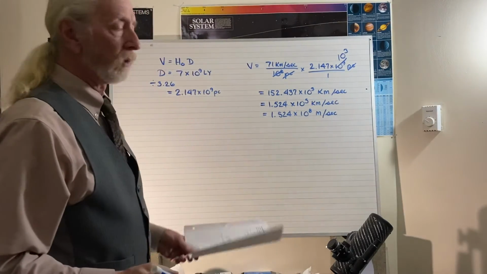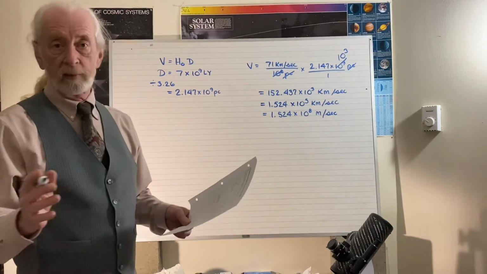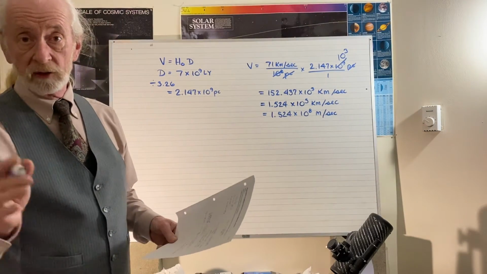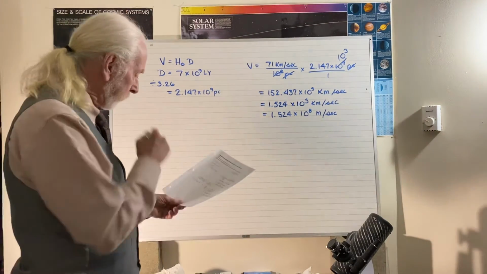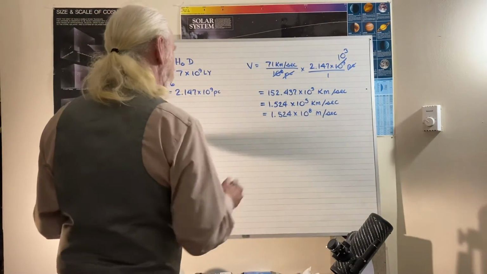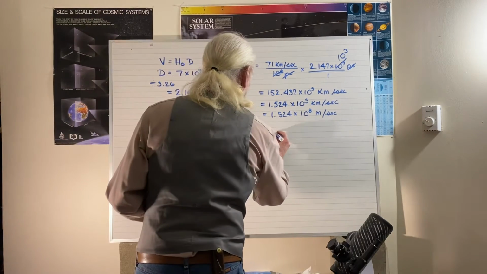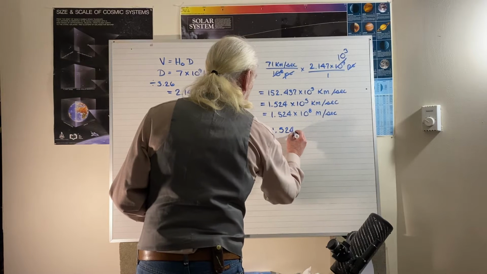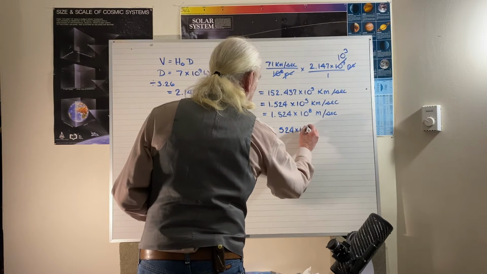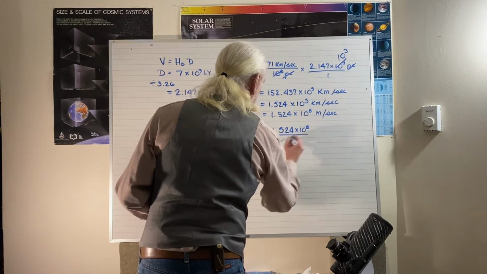Now that number should ring a bell. Remember, speed of light, 3.0 times 10 to the 8th meters per second. So that's a fraction of the speed of light. So let's figure what that is. We're going to take 1.524 times 10 to the 8th, and divide it by the speed of light.